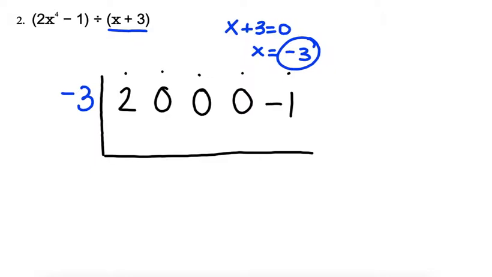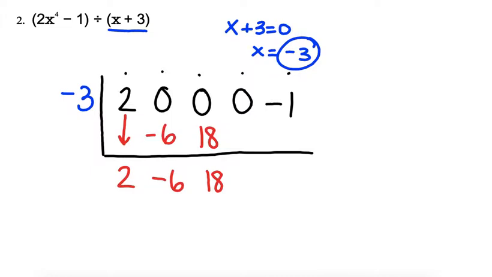Just like before, we always carry down the first leading coefficient, which is a 2. Negative 3 times 2 is negative 6. Add down, we get negative 6. Take that negative 6 times that negative 3 you have out in front, and you get 18. 0 plus 18 when I add down is 18.